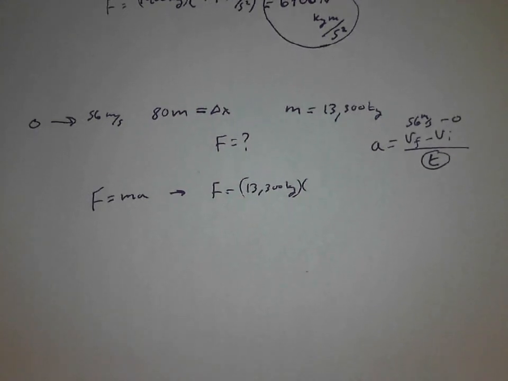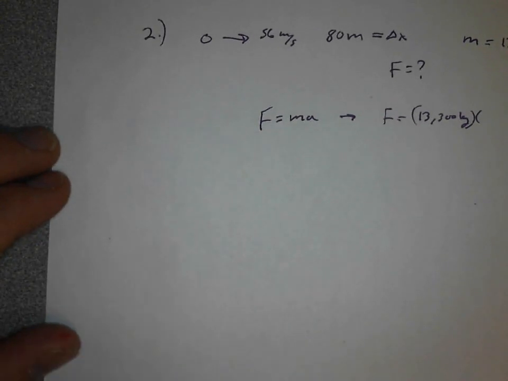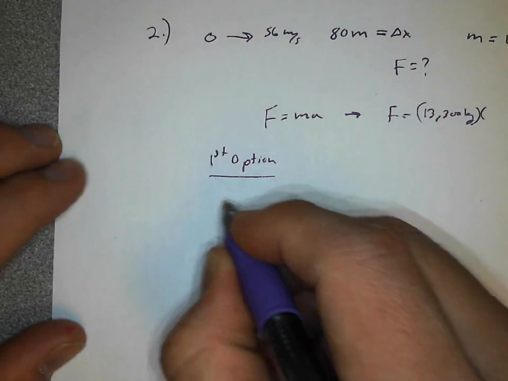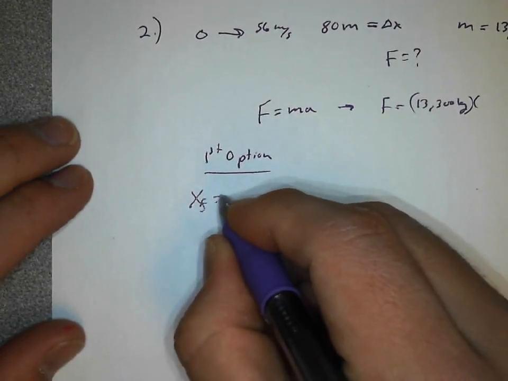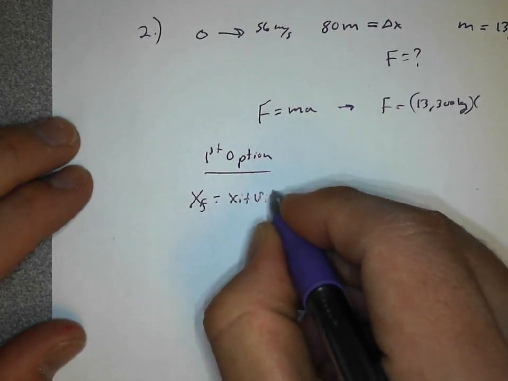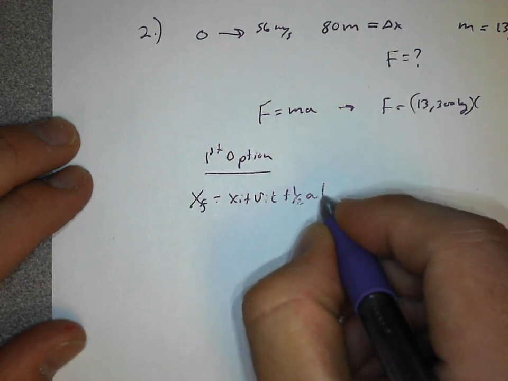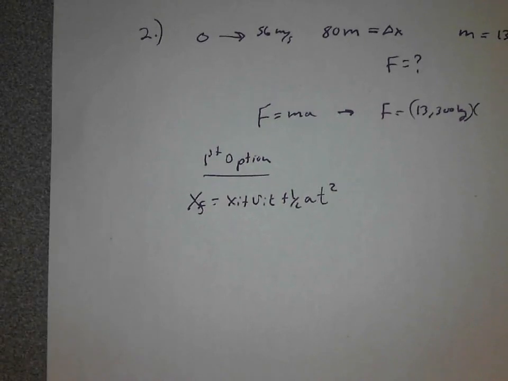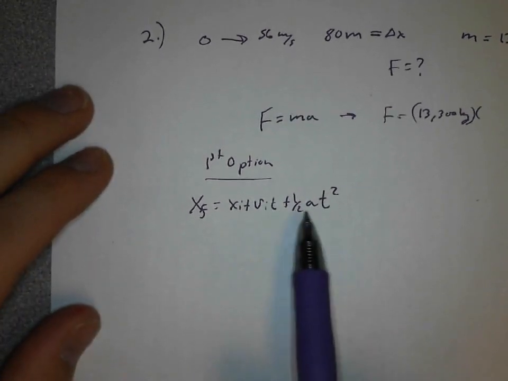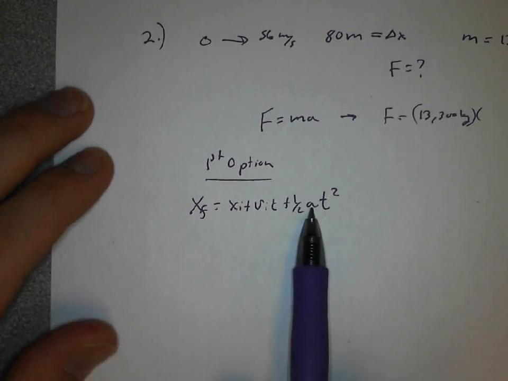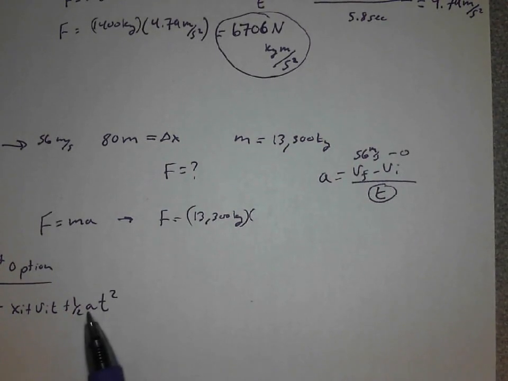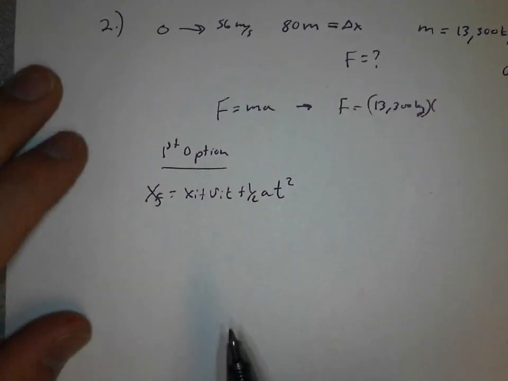Okay, option number 1. So first option. You can use this equation, which you have enough information for. Now, you might look off the top of your head and be like, well, we actually don't have enough information because we have two unknowns here. We have t and a that we don't know. However, we do have this equation for a that we can plug in right here so that we only have one unknown left.